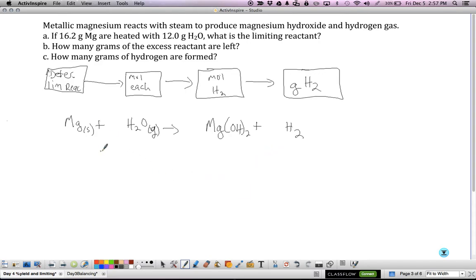Okay, and then I need to balance this. I have 2 oxygens over here and 1 over there, so I'm just going to put a 2 out in front. Okay, and then we're balanced.